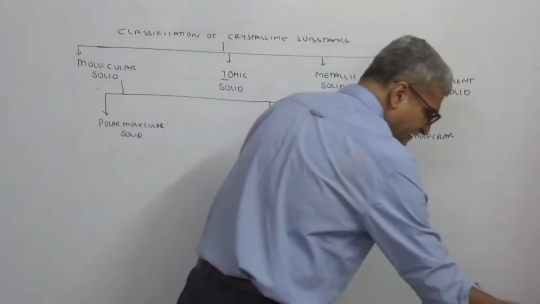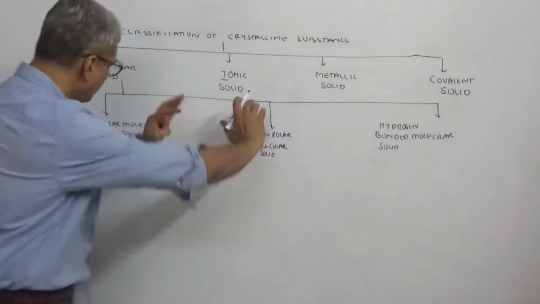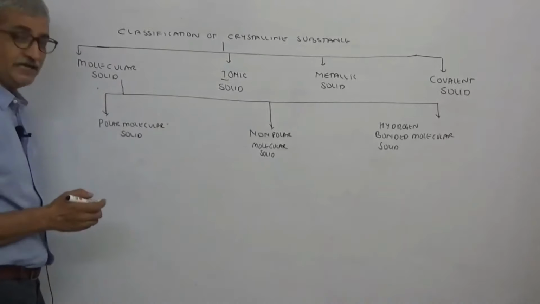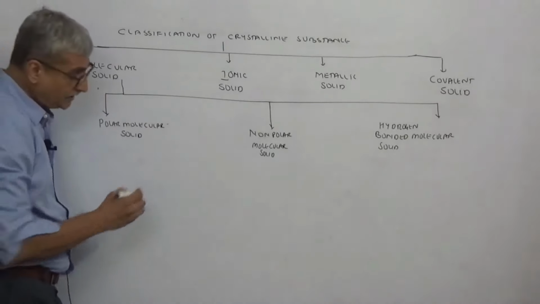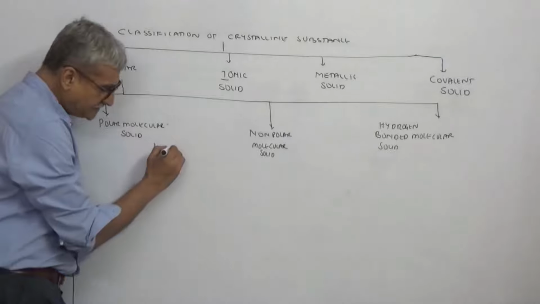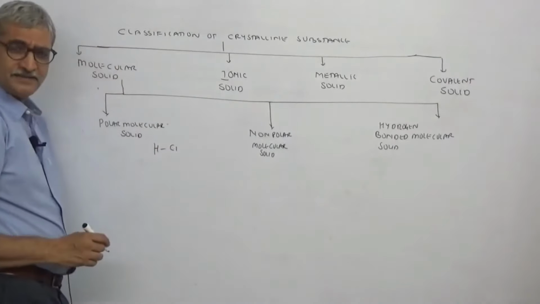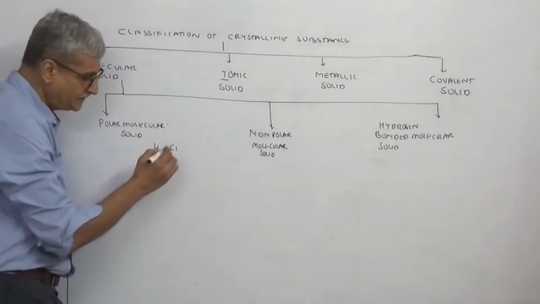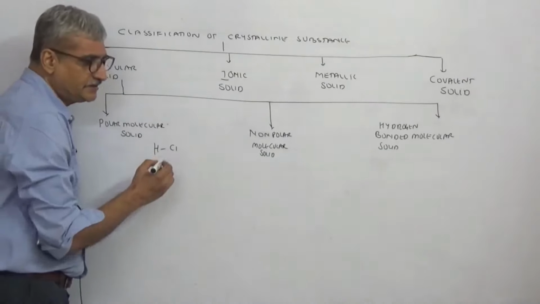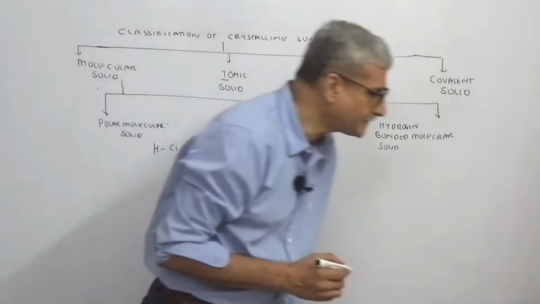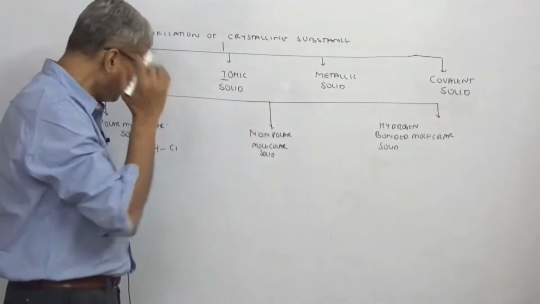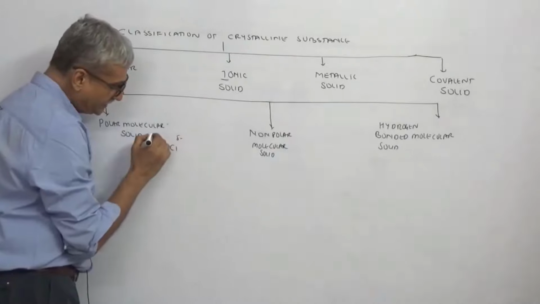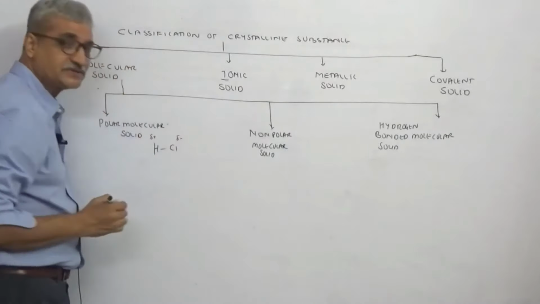Let's first talk about polar molecular solid. Here, for example HCl, because of the electronegativity difference in HCl, chlorine becomes delta negative and H becomes delta positive.